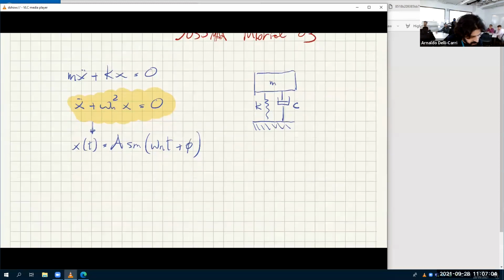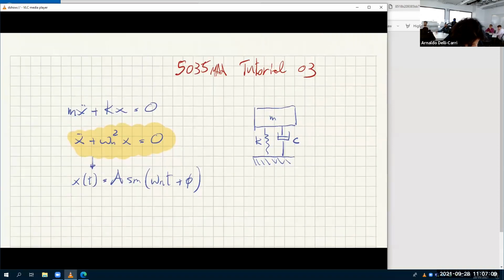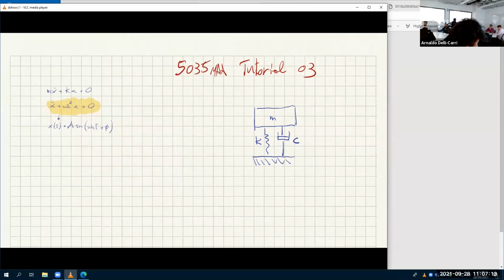And so if you do the free body diagram of this, so let me put this into gray, say. Remember, this is what we had in the past.